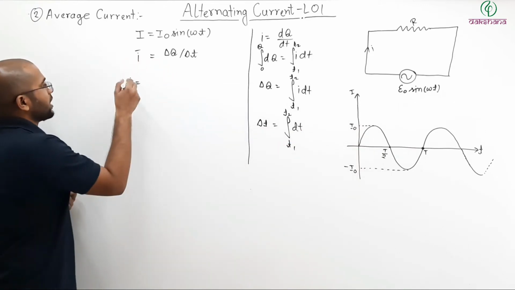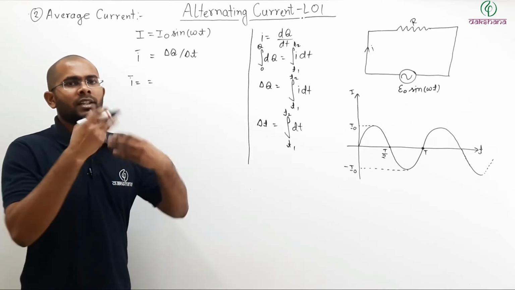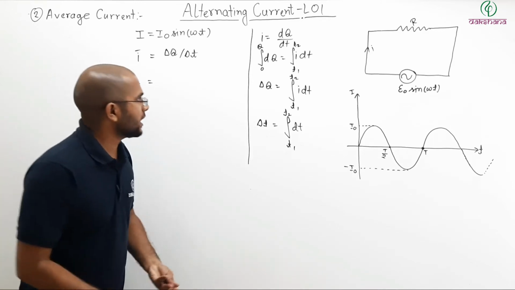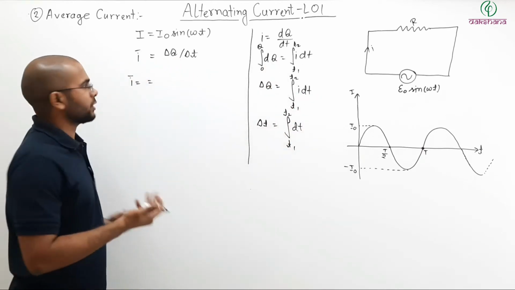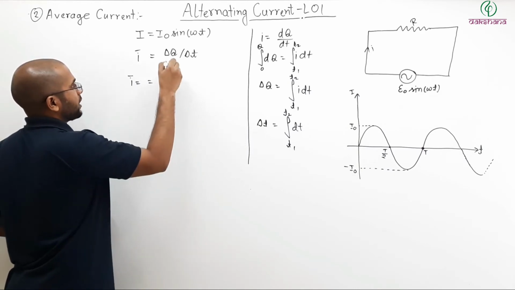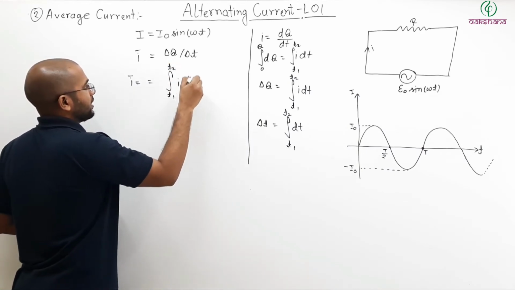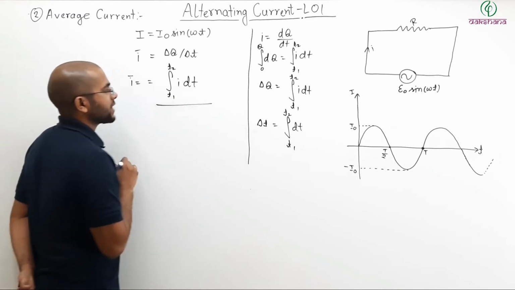Now here I average may be written as delta Q. What is delta Q? Nothing but area under the curve. Delta Q is nothing but the integral of I dt from T1 to T2. That is your area. So integration T1 to T2 of I dt, that is your total charge flown, divided by time taken.